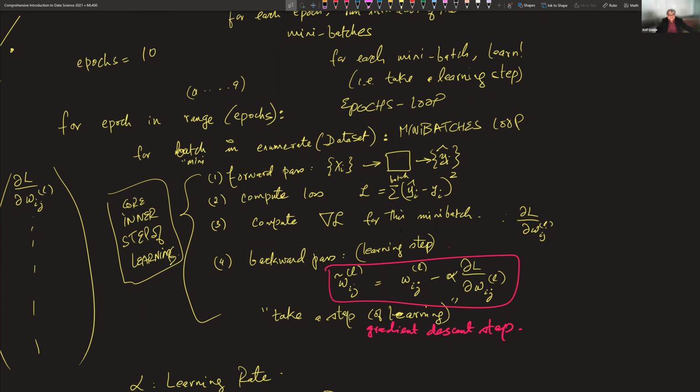This is the backward pass, and this is the learning step. This is where we use the optimizer.